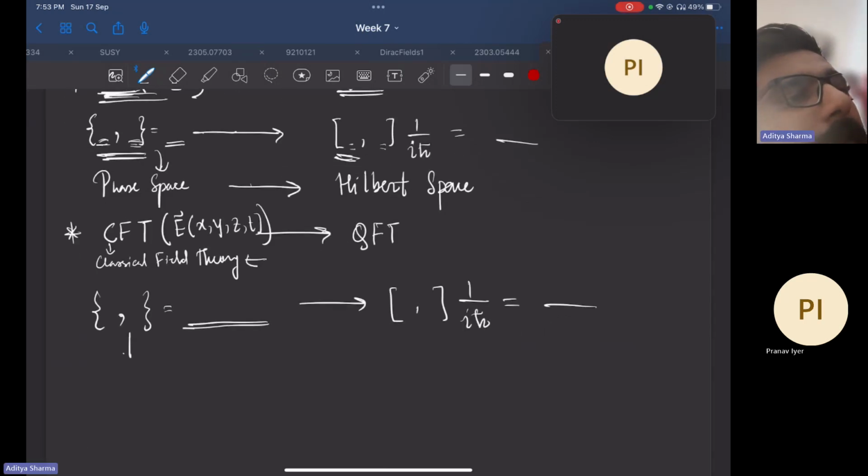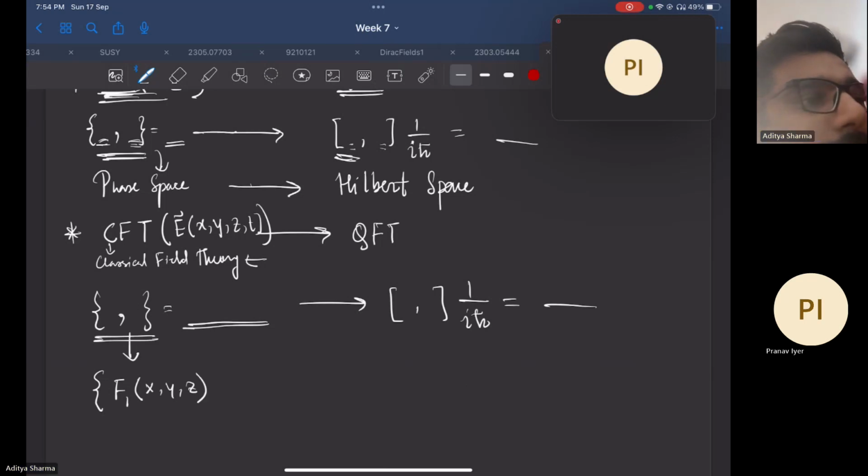For example, you have a field F1. Since it is a field, it is a function of x, y, z. When you take the Poisson bracket, you take it at only a fixed time, some t naught.